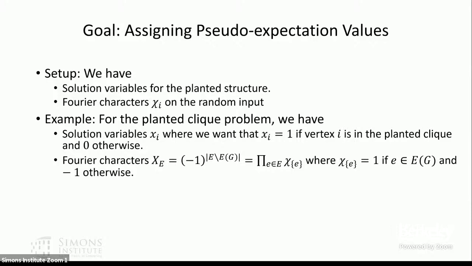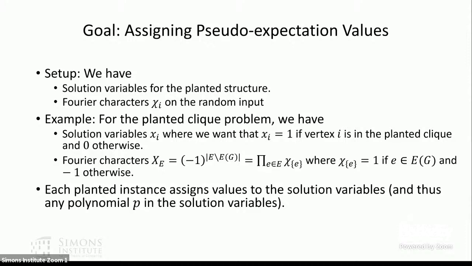And then our Fourier characters correspond to sets of edges, so they're the product of the individual Fourier character for each edge, which is 1 if the edge is in the graph and -1 otherwise. And these form an orthonormal basis if you look at the expectation over a random graph.